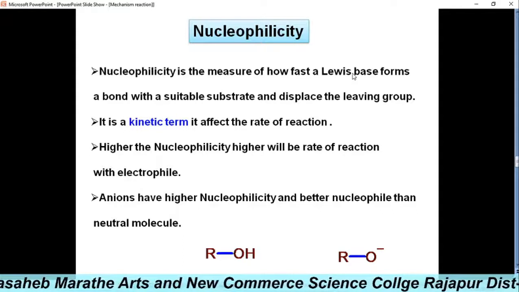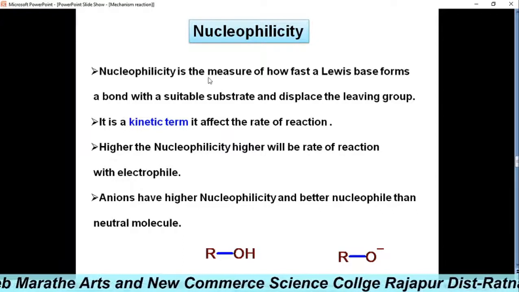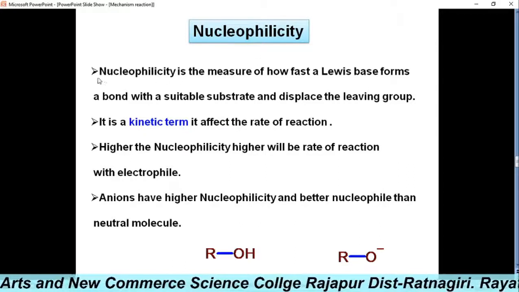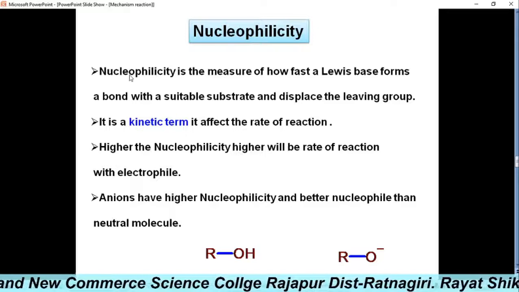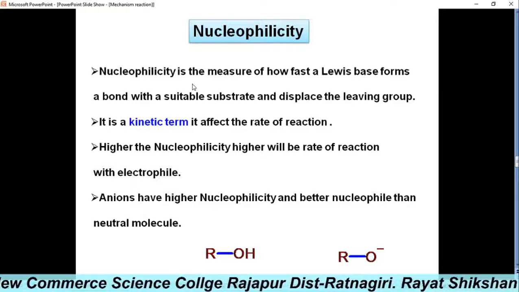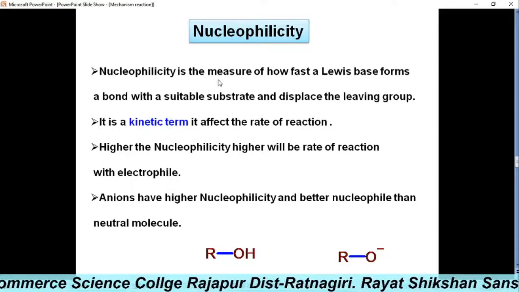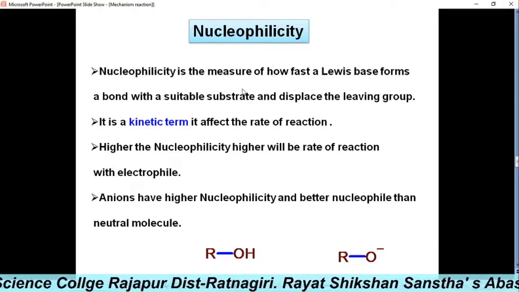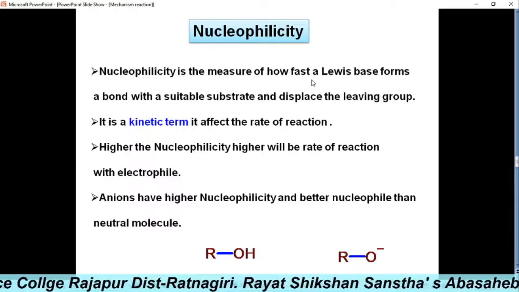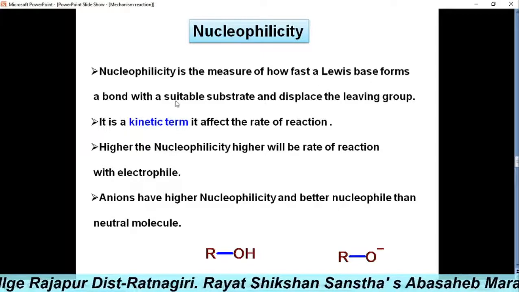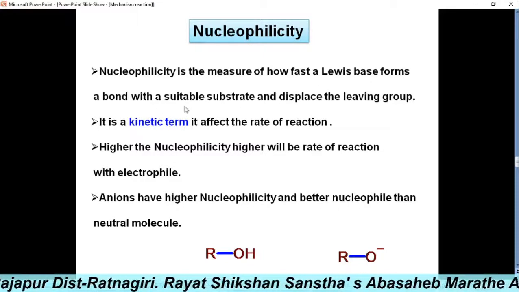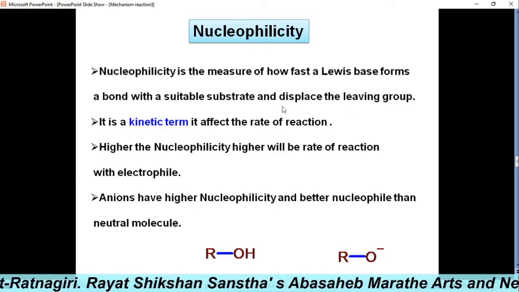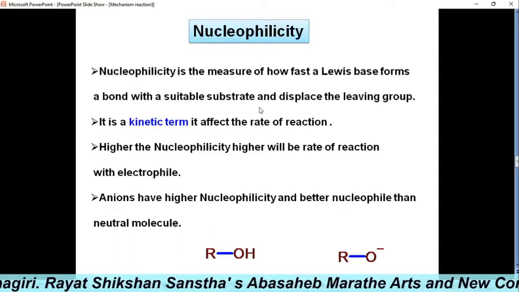This is called nucleophilicity. So it measures the strength of the nucleophile, which is how fast a Lewis base forms the bond with a suitable substrate and displaces the leaving group.